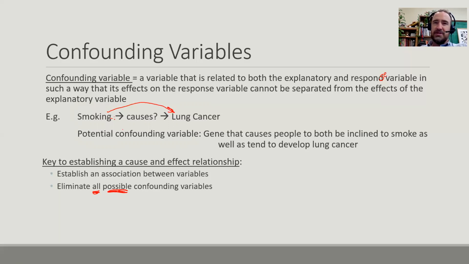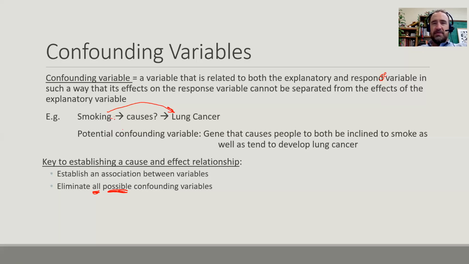That means not just a gene, but any other possible thing that might be connected to smoking and lung cancer. And part of what's real tricky about that is that all of us might think really hard and come up with a list of possible confounding variables, and then someone else might come up with an idea none of us ever thought of before.